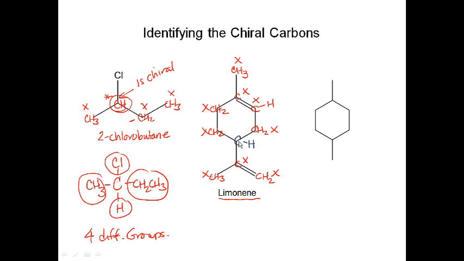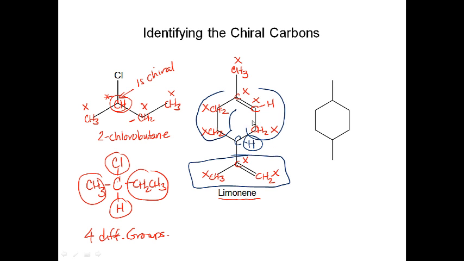Does this carbon have 4 different groups attached to it? H, it's got this entire group attached to it, it's got this entire group attached to it, and it's got this entire group attached to it. Are those 4 different groups?